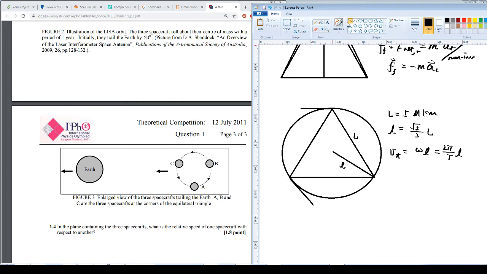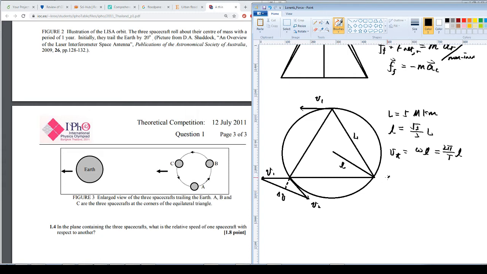So if we move one of the vectors here, we see we're trying to do something like this. So that's that one, that's that one. We move the first one over here, and that's their relative speed.